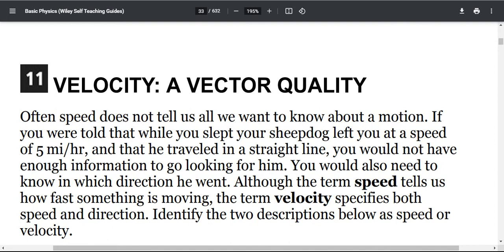And in today's section we are going to learn velocity, a vector quantity. Often speed does not tell us all we want to know about motion. If you are told that while you slept your sheepdog left you at a speed of 5 mph and that he traveled in a straight line, you would not have enough information to go looking for him.